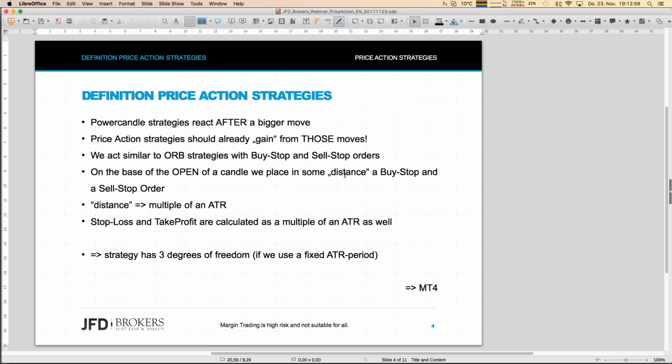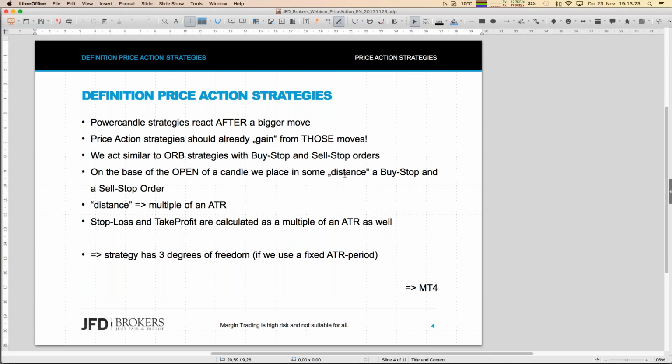And we simply use a multiple of that ATR in order to place the two orders, the buy stop and the sell stop order. Think about a chart, you have an ATR, and you say, okay, in a distance of 1 times ATR, I place those two orders. The good thing about using the ATR is that you always have the overall volatility within your strategy.